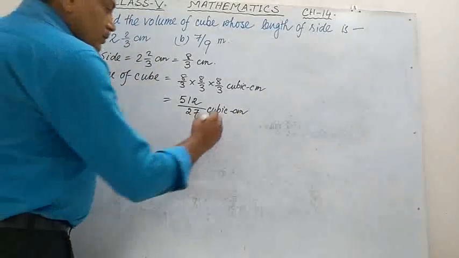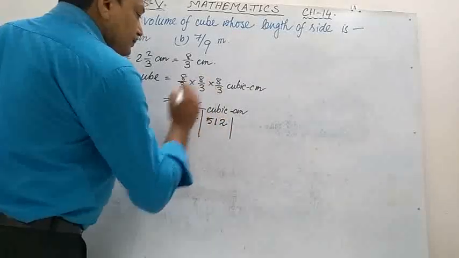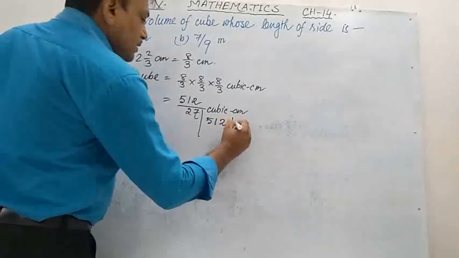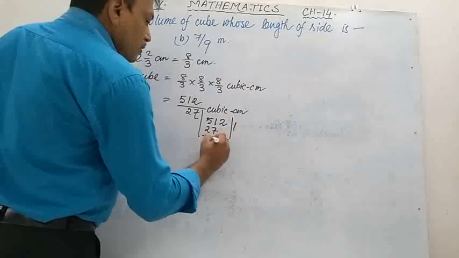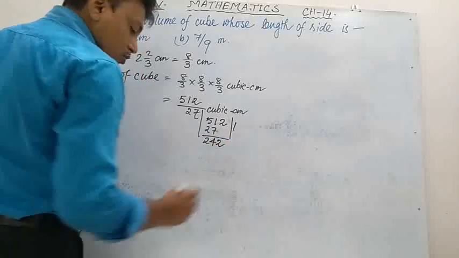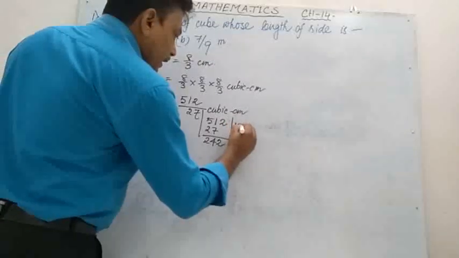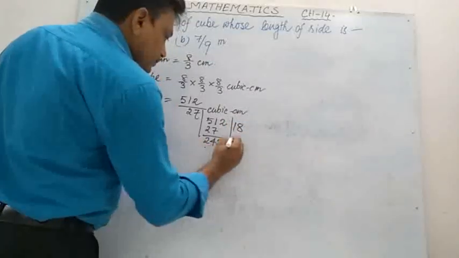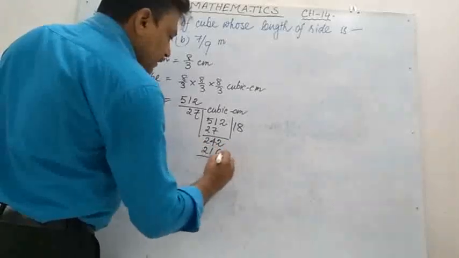Now divide it, 512. So 27 ones are 27, 4, 2 4 2. Now by 8 you will get 2 1 6.